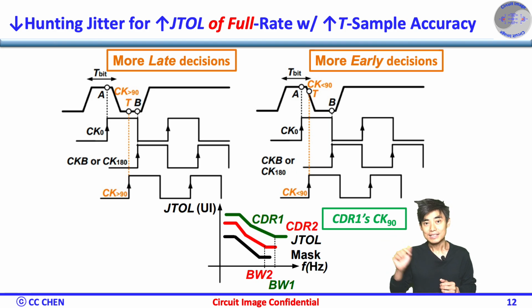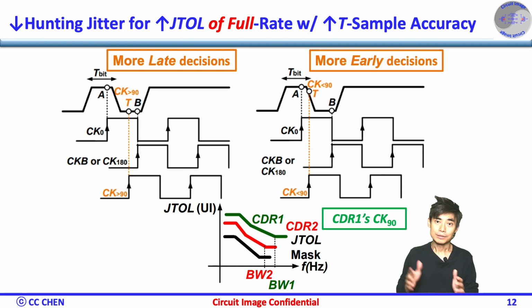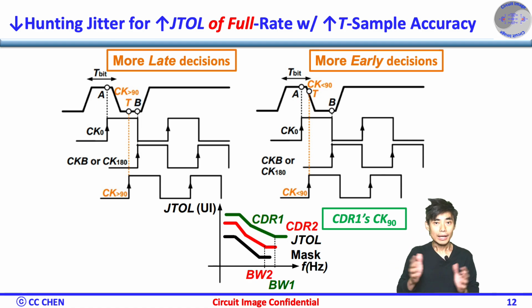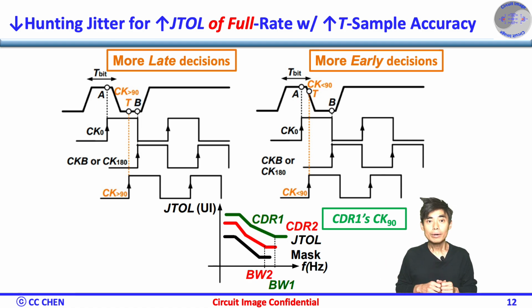But it's easier to maintain or correct the phase accuracy of the differential phase than the full phases. Therefore, the transition sample of the half-rate has more chance to shift to the wrong position than the full-rate one, no matter whether the transition T is closer to A or B, and even lead to more early or more late decisions.